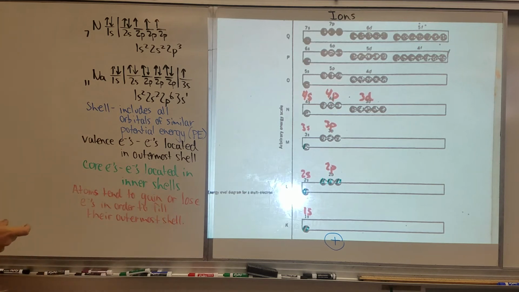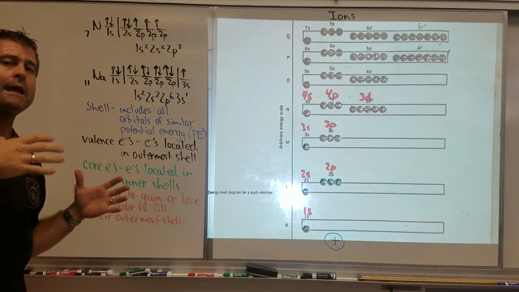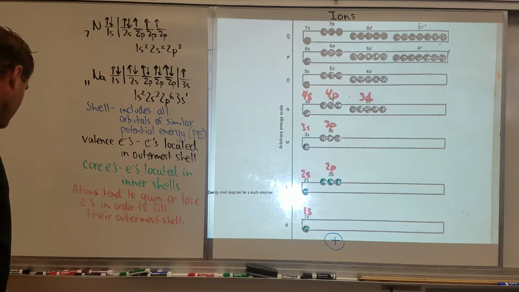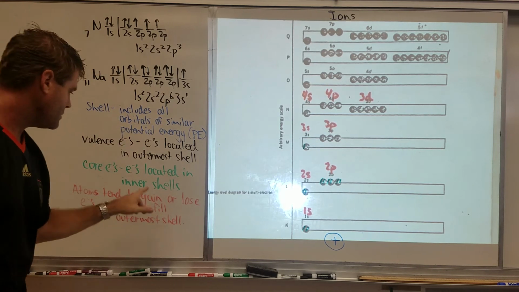So you definitely write that down. That's really, really important. This kind of helps us to determine and predict how atoms are going to behave. Okay, so write that down.